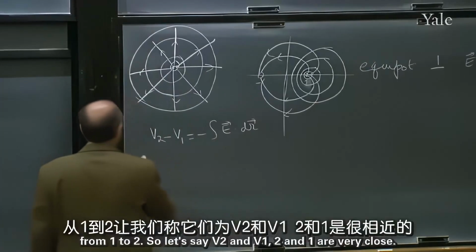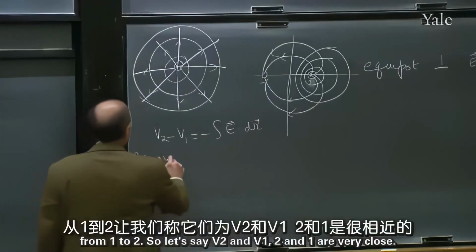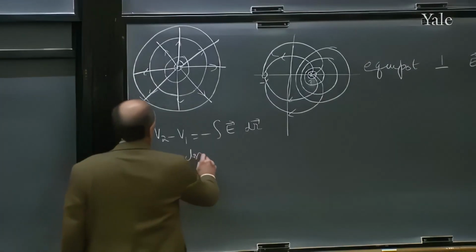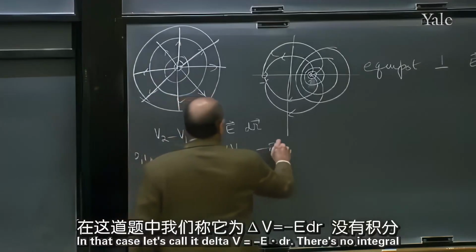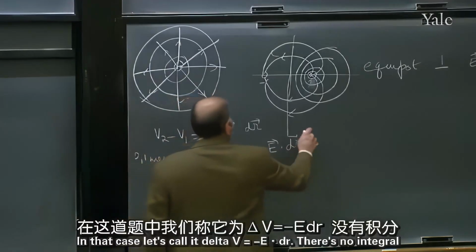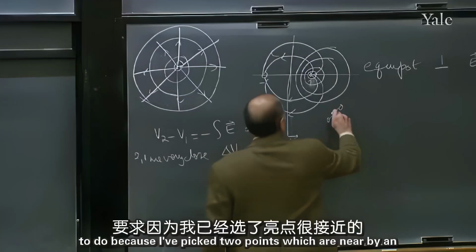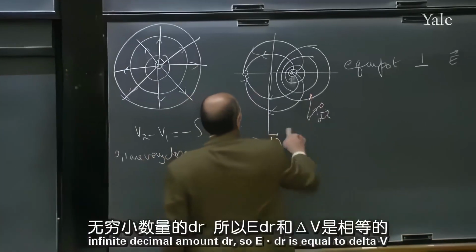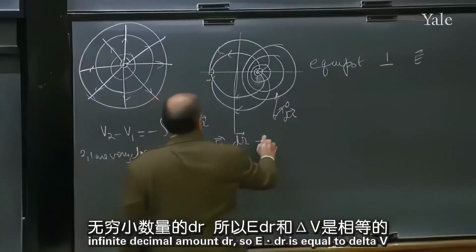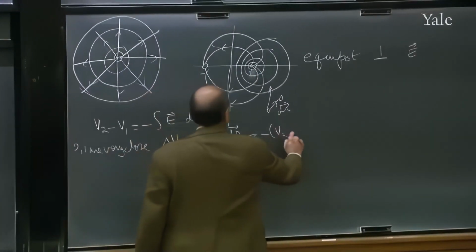So let's say 2 and 1 are very close. In that case, let's call it delta V is equal to minus E dot dr. There's no integral to do because I picked two points which are nearby, an infinitesimal amount dr. So E dot dr is equal to delta V, which is minus of V2 minus V1.